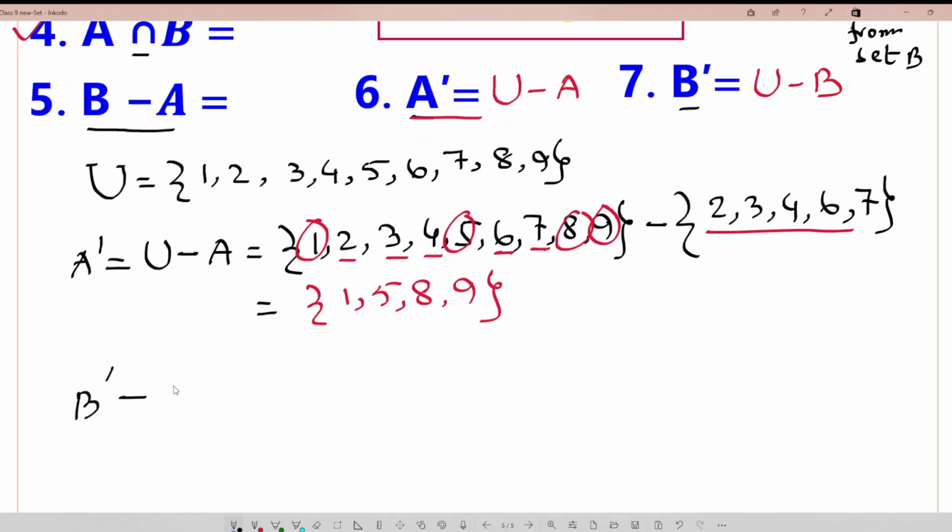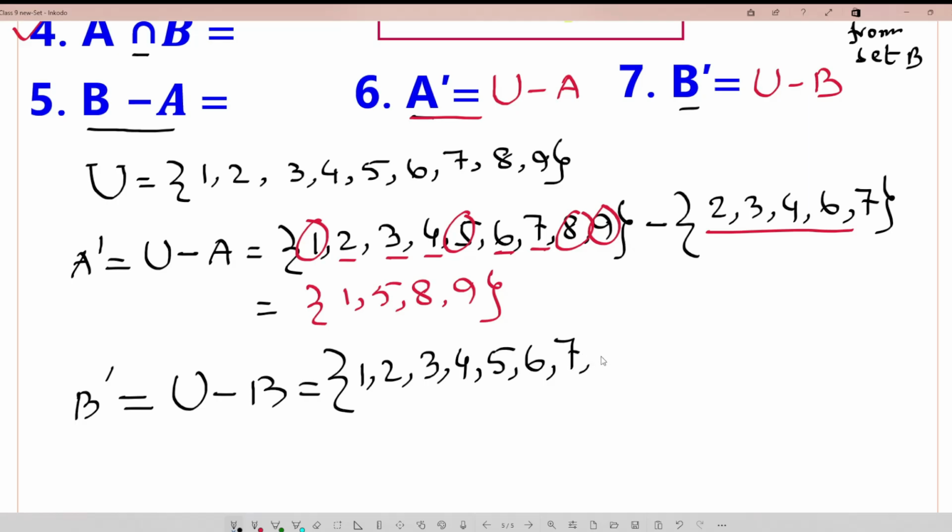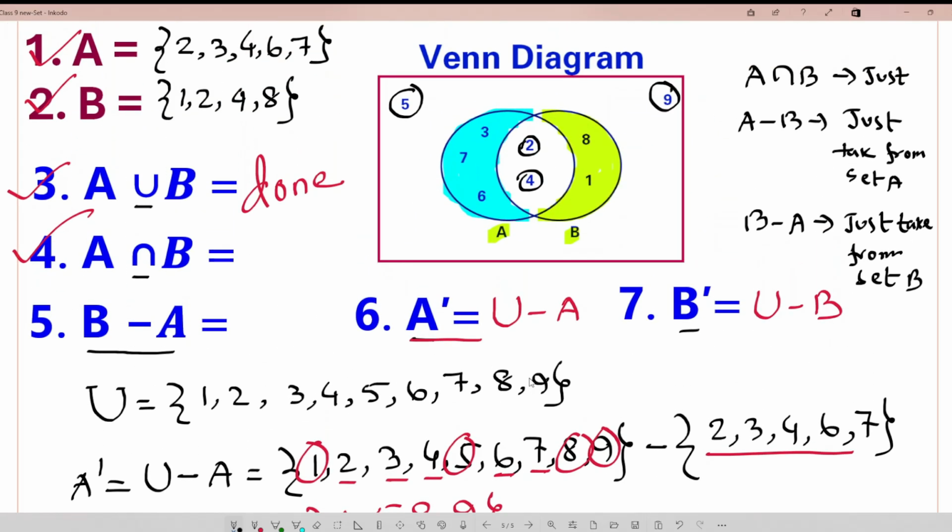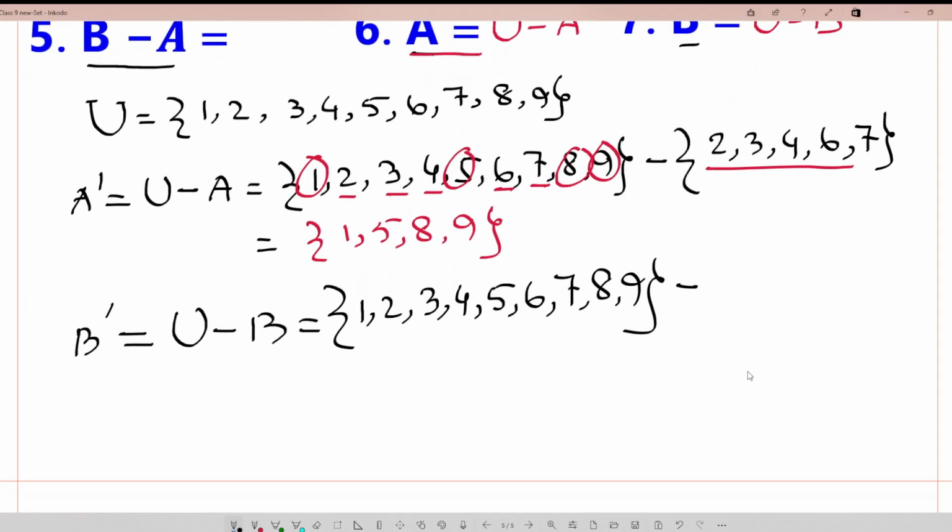Similarly, complement set of B equals U minus B. U is 1, 2, 3, 4, 5, 6, 7, 8, 9. And what is set B? B is 1, 2, 4, 8.